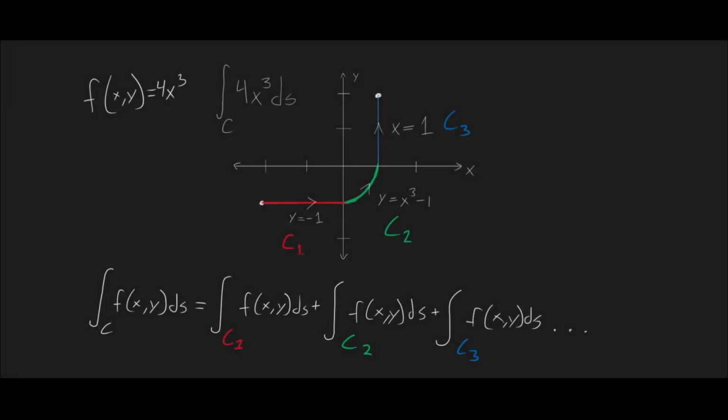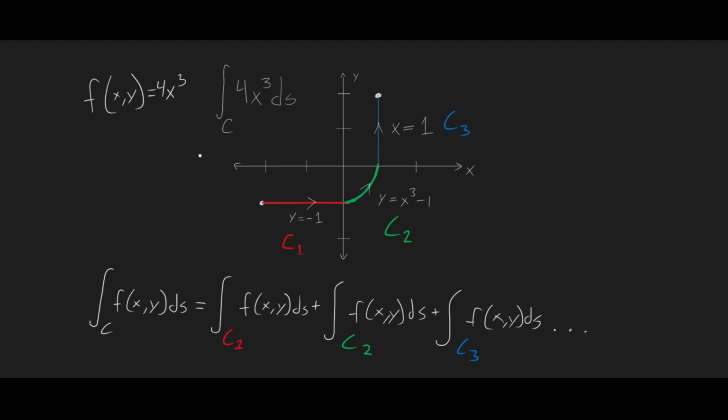So another property of line integrals is that if you have a piecewise function, meaning that it's divided into multiple functions, different functions along different intervals, then you can represent the line integral of the entire function as the addition of different line integrals for each of the functions separately.